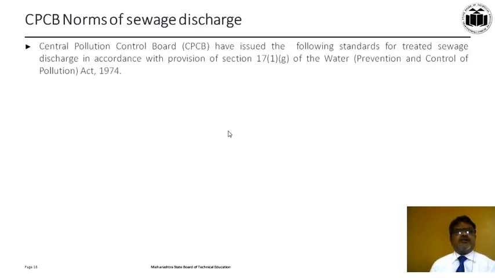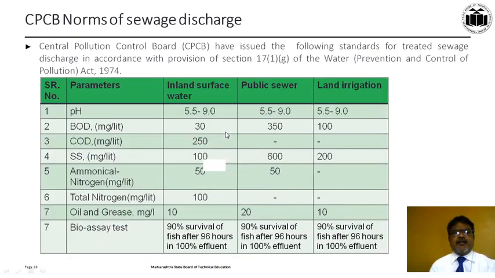Now the Central Pollution Control Board has issued some standards for the disposal of treated waste, and some standards are presented before you on your screen. Some parameters are there, such as pH, and the discharge of effluent for inland surface water, in public sewer and for land irrigation.